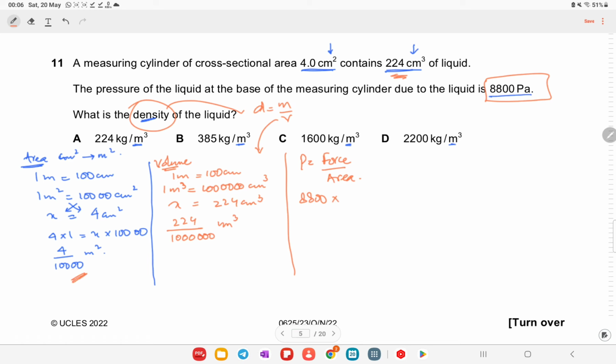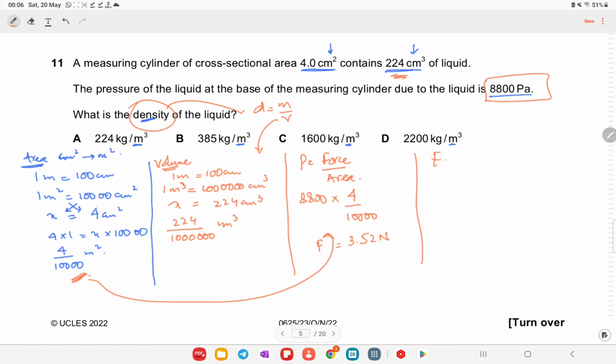Area is this, so you have to use this area over here. So 4 times 1 over 10,000 is going to give you around 3.52 newtons. So force is this thing.